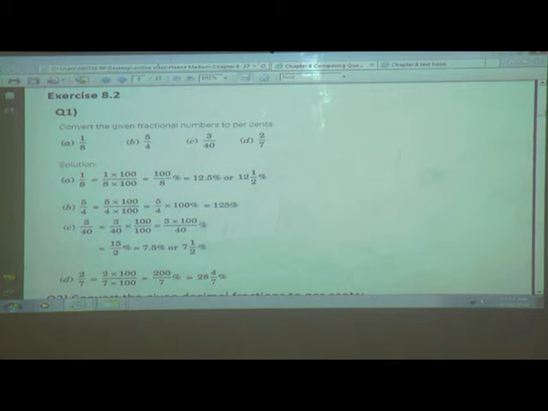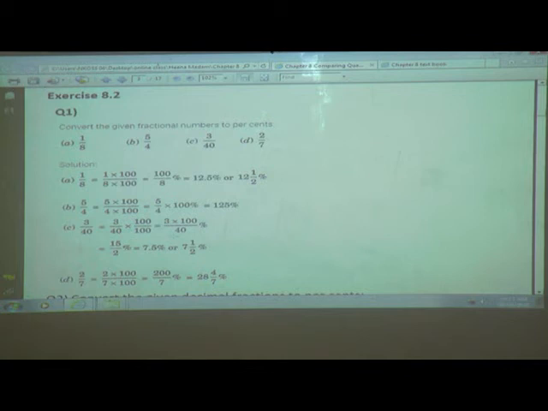One more example, we have 3 upon 40 is equal to 3 upon 40 multiplied by 100 upon 100, or as I told, 3 upon 40 multiplied by 100. I have given 3 different methods, so you can use any one of these which is easier for you. So 3 multiplied by 100 upon 40%, you can reduce here, the 0 gets cancelled.